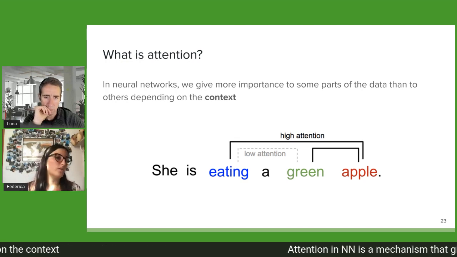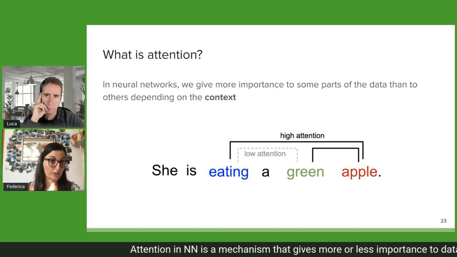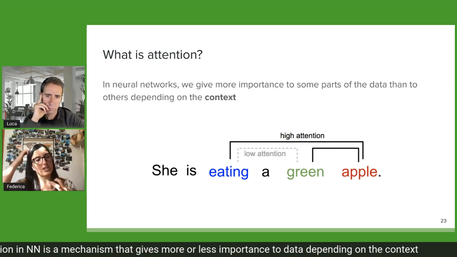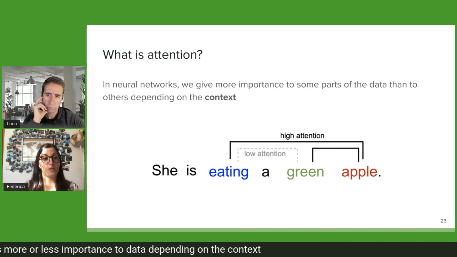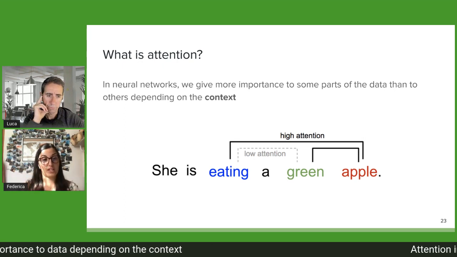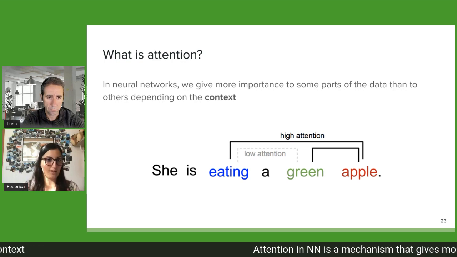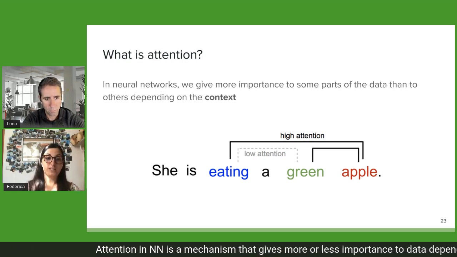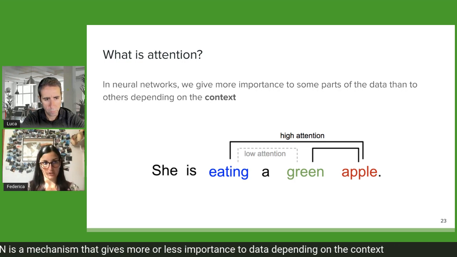And also eating and apple are highly correlated, so we have high attention, okay? So attention is sort of telling the network, you have to pay attention to these other tokens when you're processing this one. So when you're processing apple, you need to pay attention also to eating and to green. This is what attention tells the network.